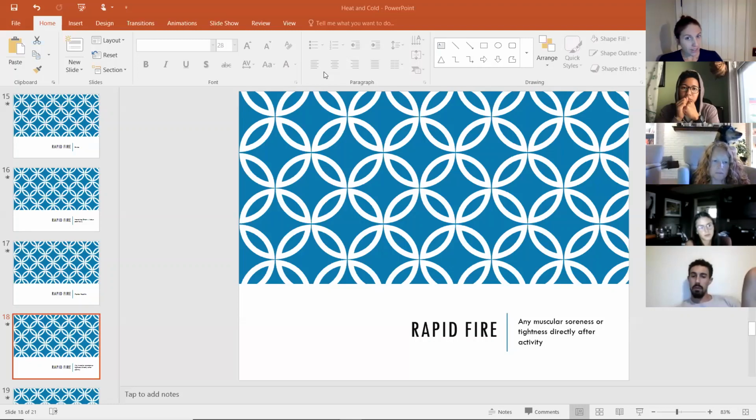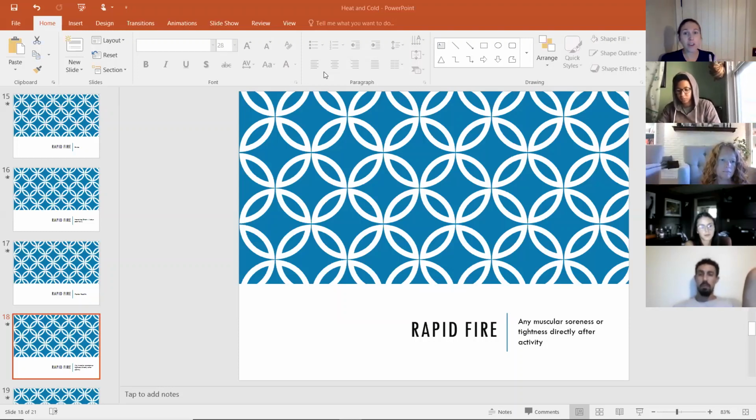On the flip side, the heat camp, you're thinking, okay, I'm already tight. Why would I want to add ice to something that's already tight and make it more tight? That doesn't make sense either. Because then once I add ice to it, I can't even move it even more. So why wouldn't I add heat to it so I could stretch more? Good point there. Think about saunas.